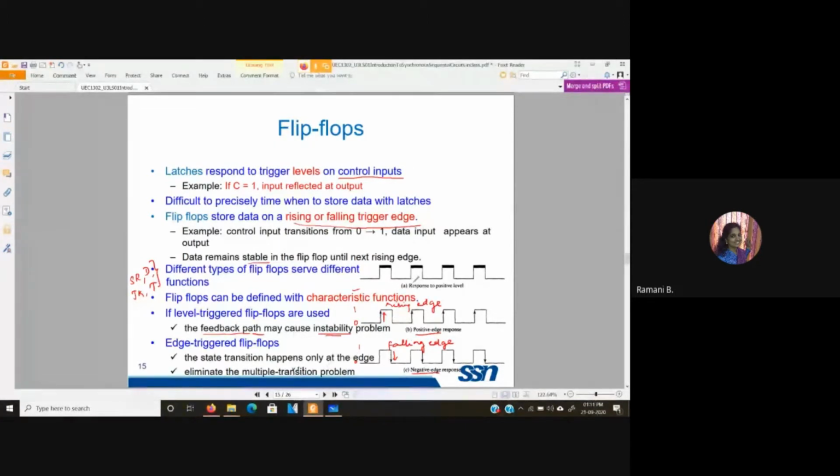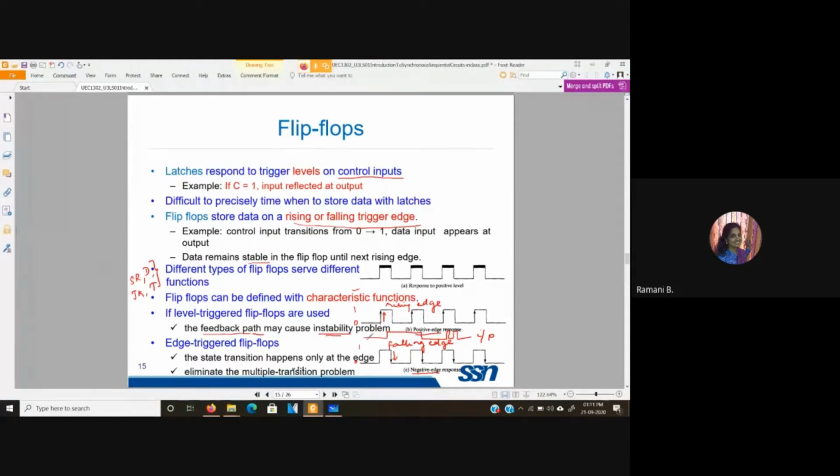That is, if you are having this clock and you are going to have an input changing like this. So here I am having a 0, then I am going with a 1, and then I have this one. Like this, if I am going to have input, just I am considering some random example. So here in this case, the circuit will actually check at the transition, that is at this point, what is the value of input.